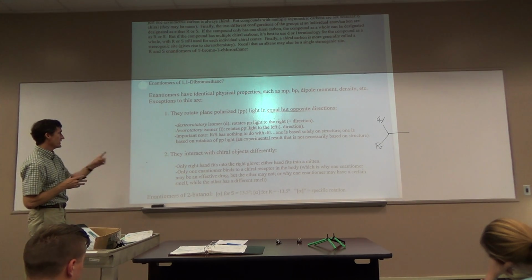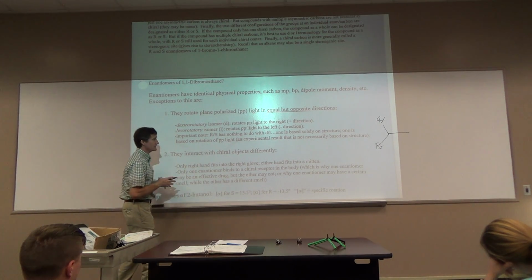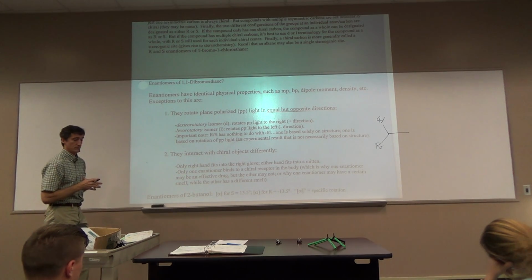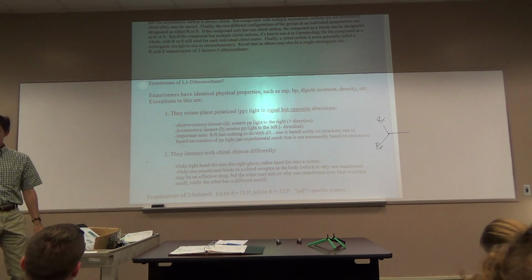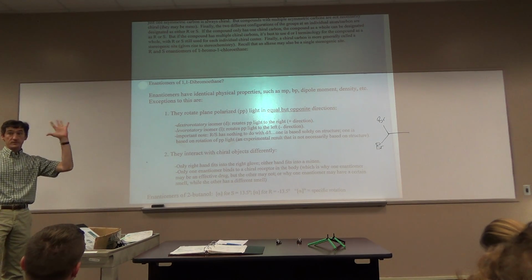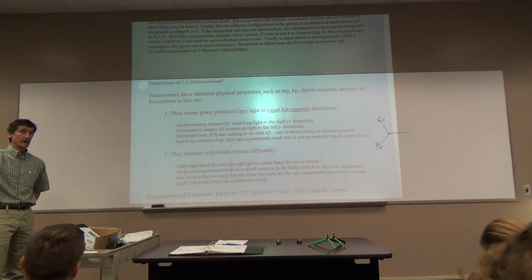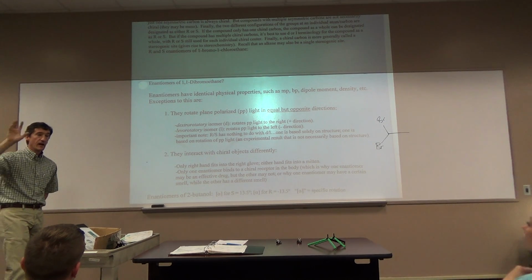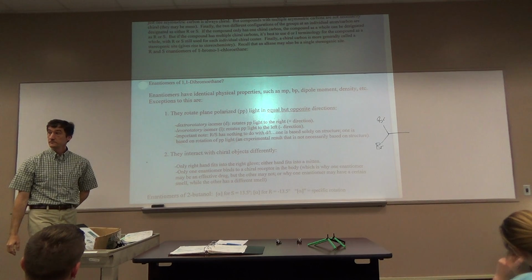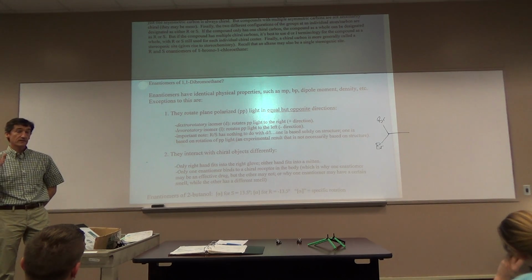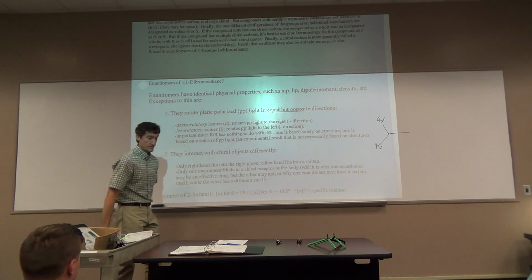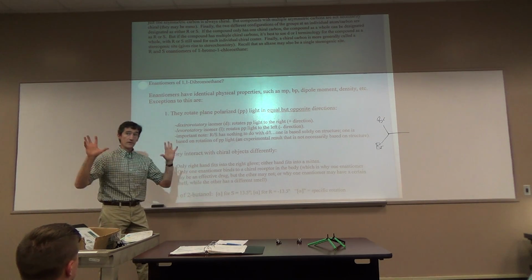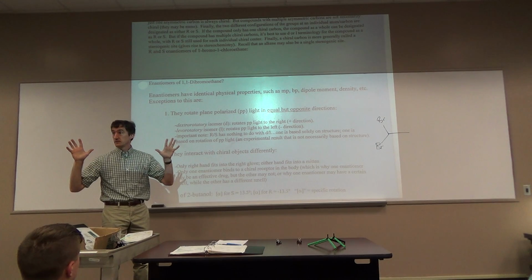Another property: they interact with chiral objects differently. You know this since you were 2 years old. Your right hand is chiral because its mirror image is different. A glove is chiral. The mirror image of a right-hand glove will be the left-hand glove. Do these interact with a glove differently?